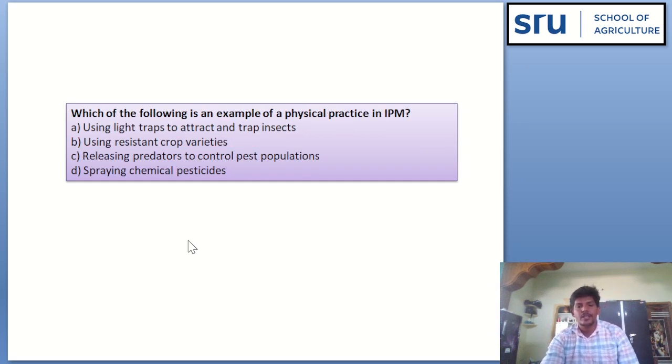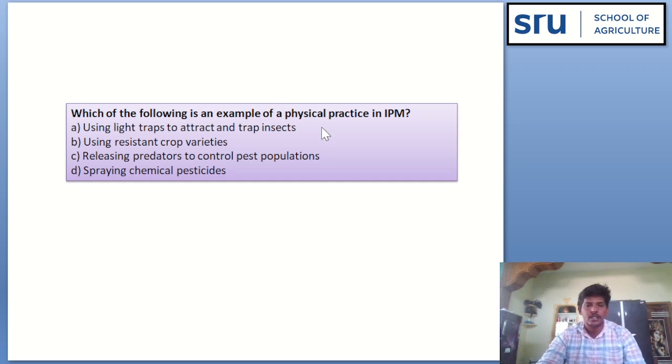Which of the following is an example of a physical practice in IPM? Using light trap to attract and trap insects, using resistant crop varieties, releasing predators to control pest population, spraying chemical pesticide.